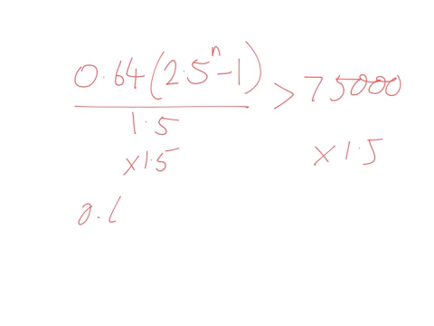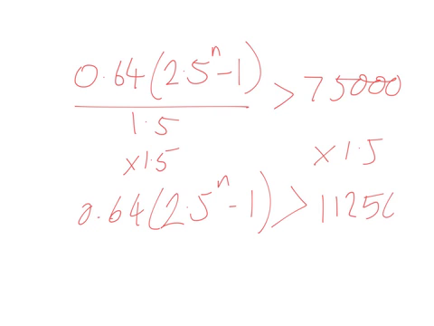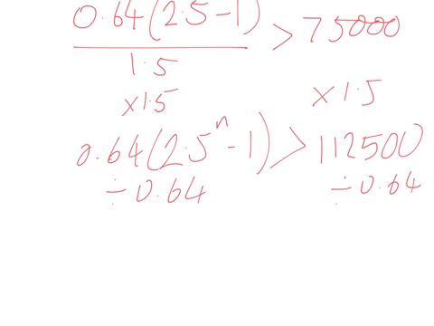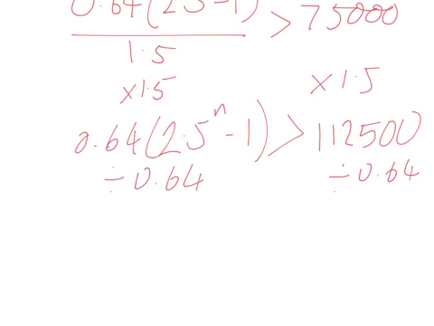And you get 0.64 times 2.5 to the n minus 1 is greater than 11,250. Divide both sides by 0.64 and it's going to get bigger again. And you get the answer 17,578.125.